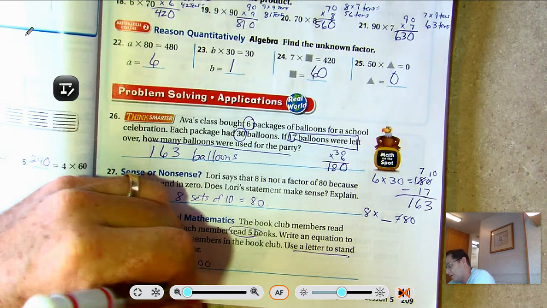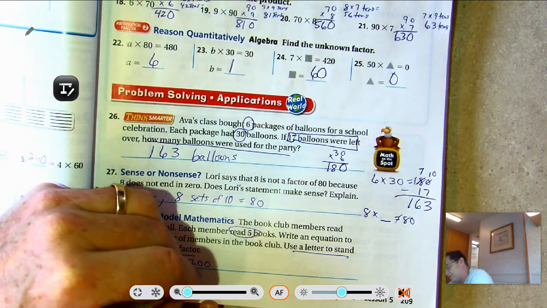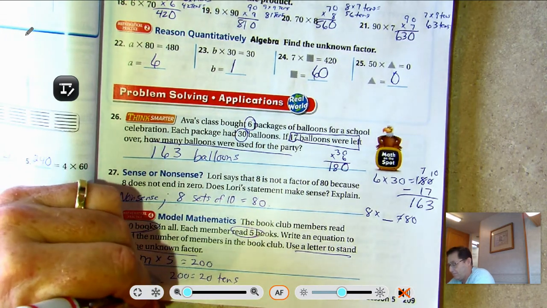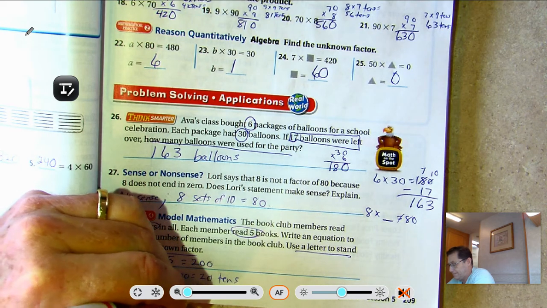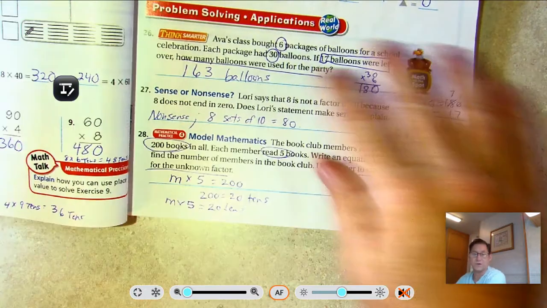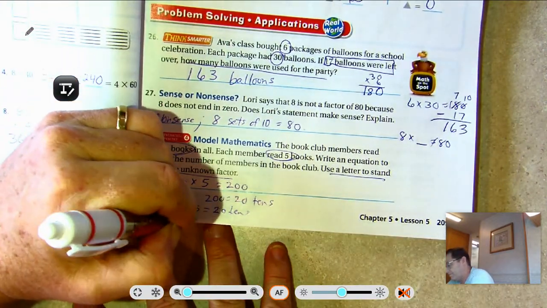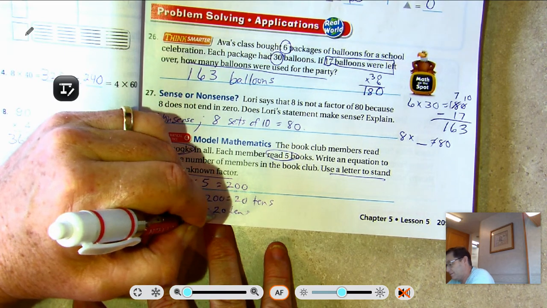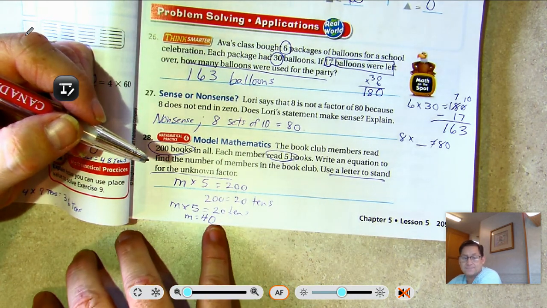Well, 200 is the same as 20 tens. So 5 times what is 20 tens? 4 tens. 4 tens is 40.